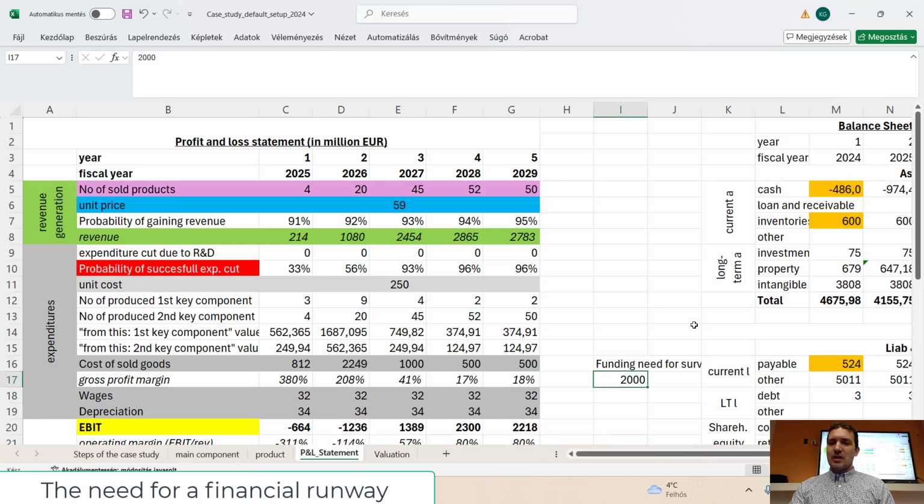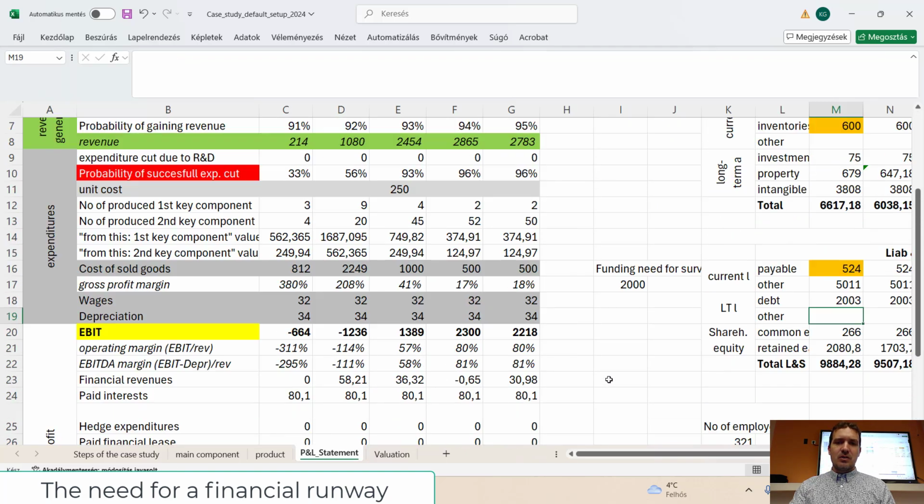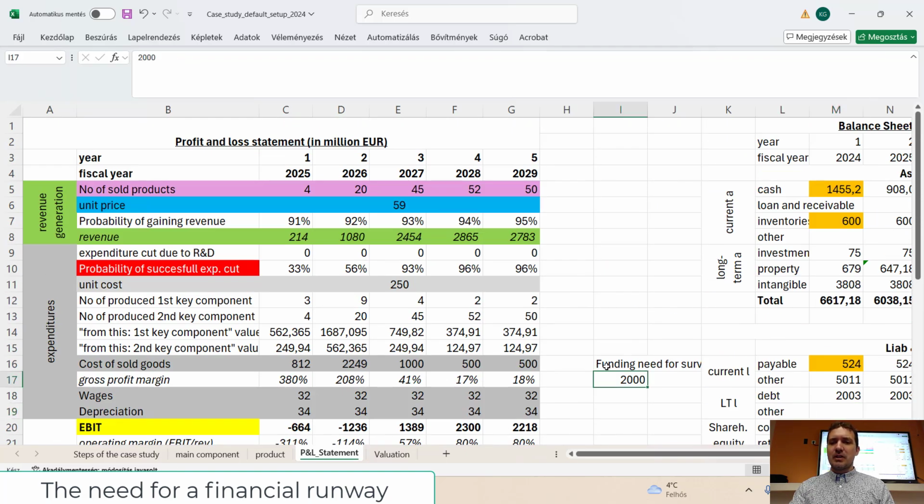So, which means that now we can extend our cash reserve with this one. And also, right now, just make it simple, so our debt will be... So somehow we are taking up a loan or whatever, and after that.